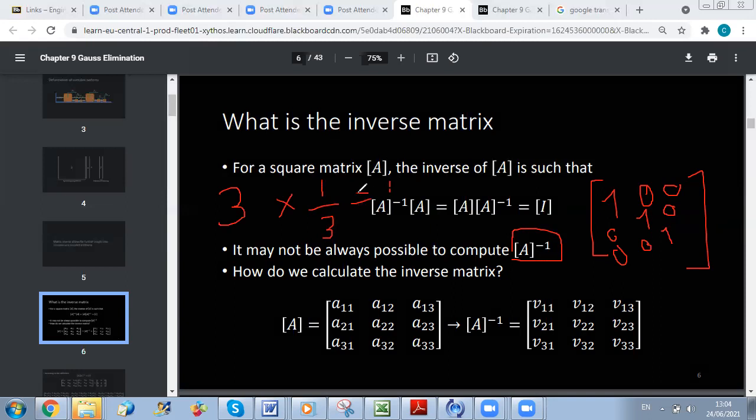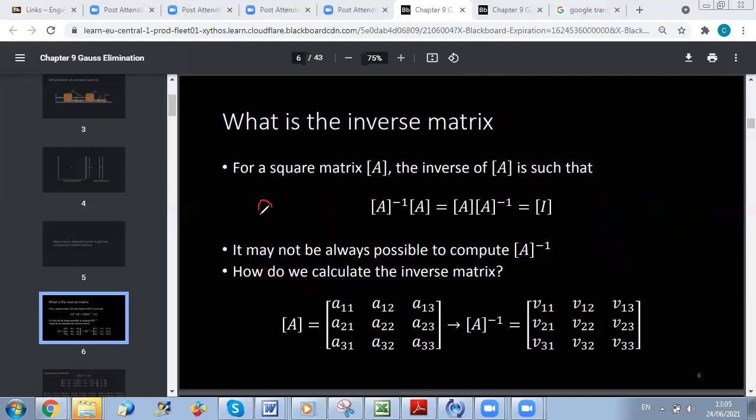So if we do the analogy with matrices, the equivalent of 1 is the identity matrix, the equivalent of 3 is, let's say, A, and the equivalent of A minus 1 is 1 over 3. Now, if I give you 0, can you give me the inverse of 0? No, because you don't have 1 over 0.